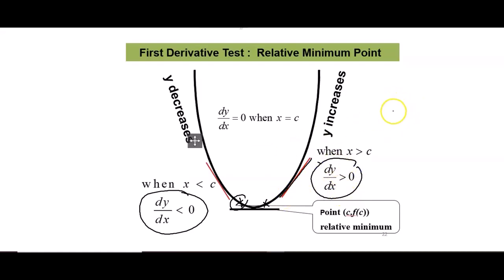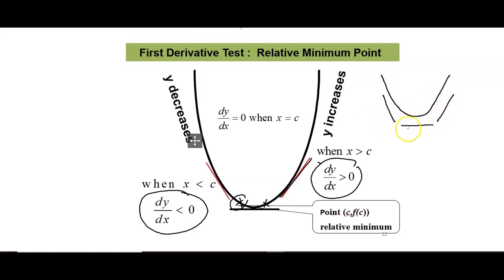So you will know that the situation is like going down at the left side, and then dy dx equals to 0 means that it's static in the middle, and then the y increases back. You can see the pattern of the graph is actually down, static, and then up.